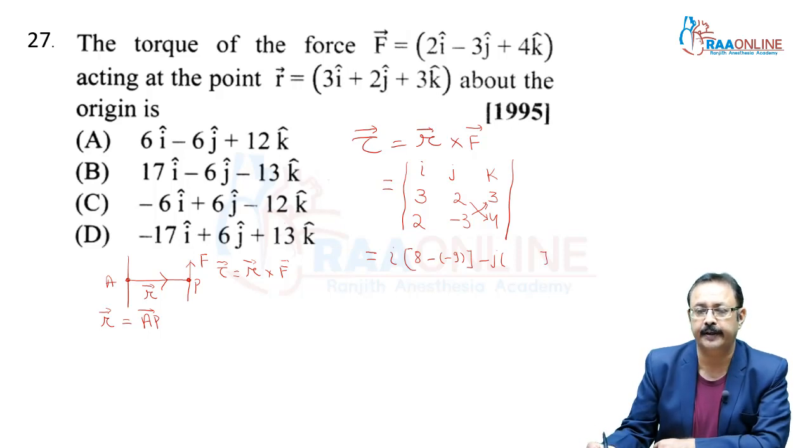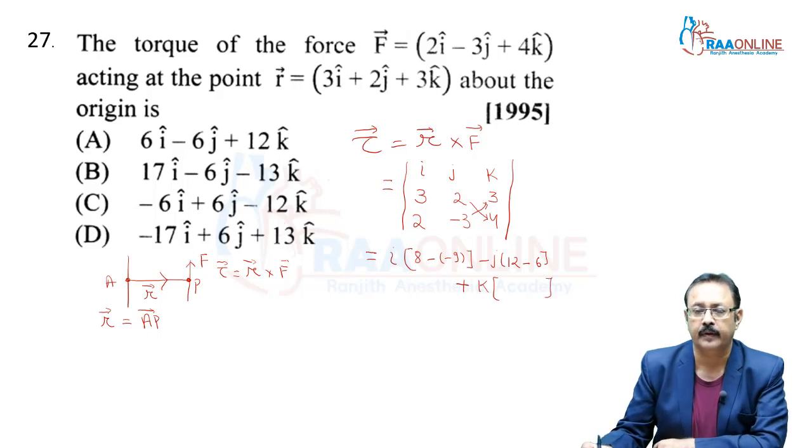Now hide j. Again same order, 3 into 4, 12, minus 2 into 3, 6. Plus minus plus, now write plus k. Hide the row and column of k. Same order, 3 into minus 3, minus 9, minus 2 into 2, 4.